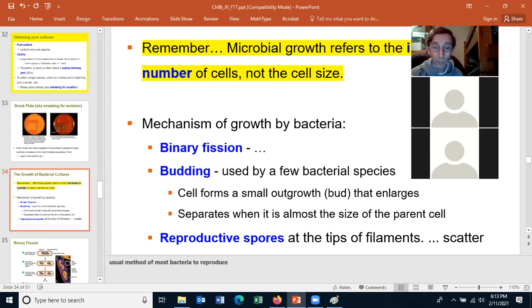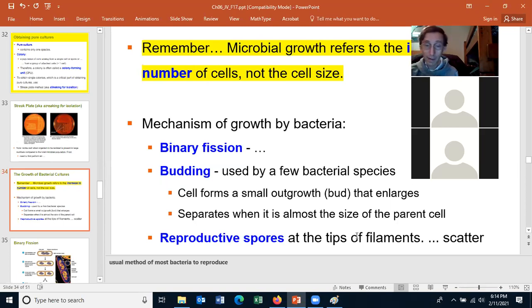Do not get reproductive spores confused with an endospore. A reproductive spore is a reproductive strategy, one cell makes several reproductive spores. So that's reproduction.